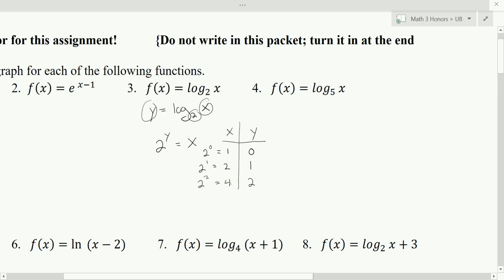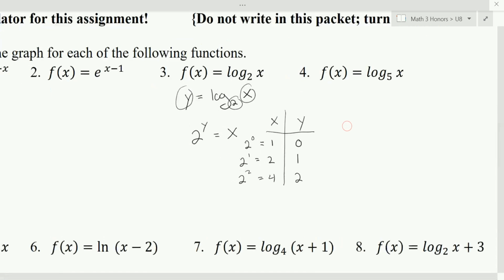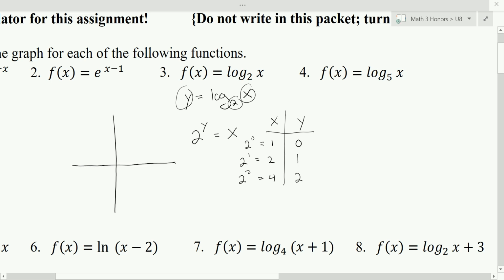So let's plot those 3 points and see what kind of shape we're getting here. So (1, 0), (2, 1), and (4, 2).